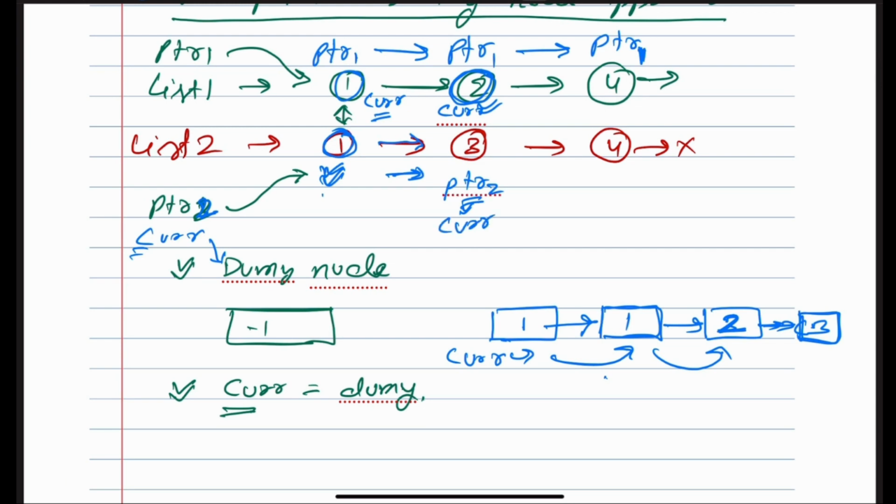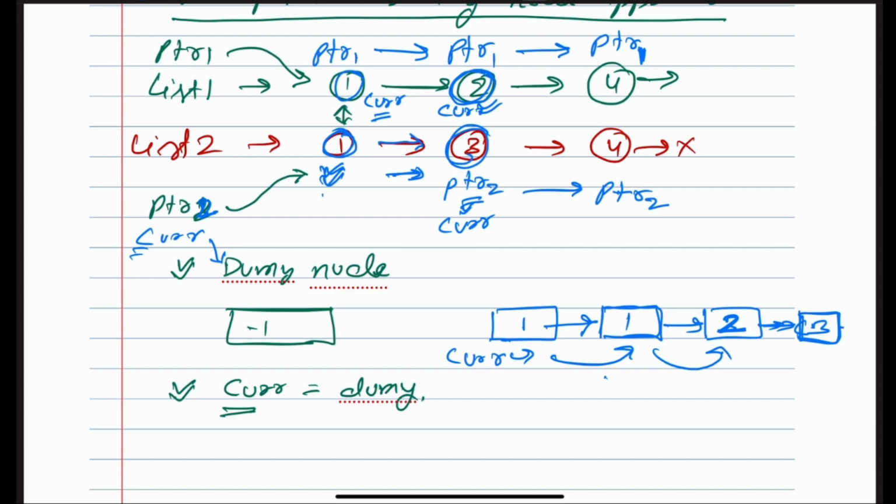After this, my pointer 2 will move to this node. My pointer 2 will move from here to here and this 3 is also consumed. Now again you will compare pointer 1 with pointer 2 and you will get both as 4. So you can take any one.